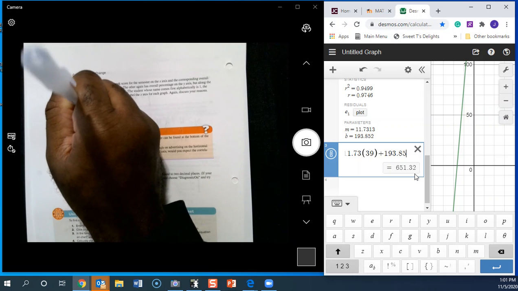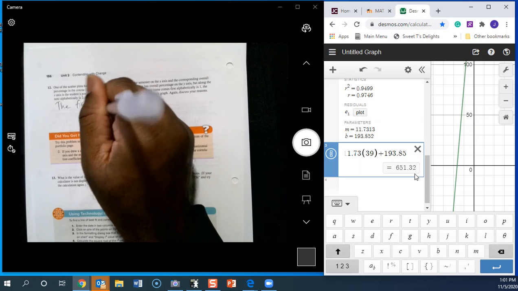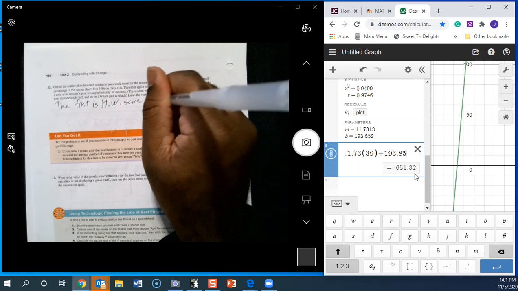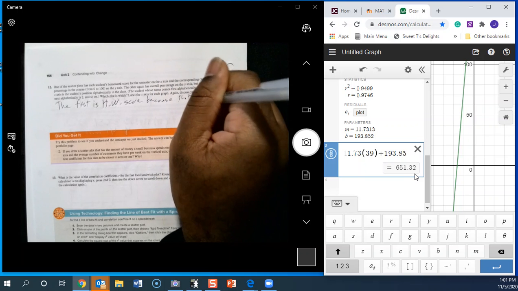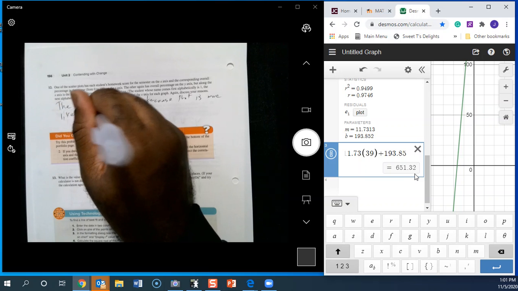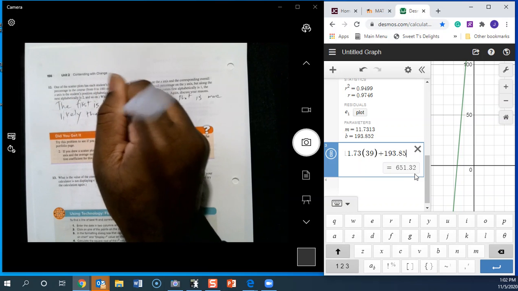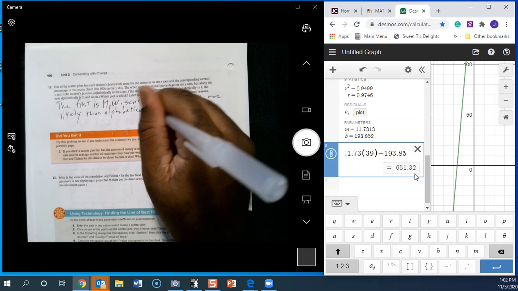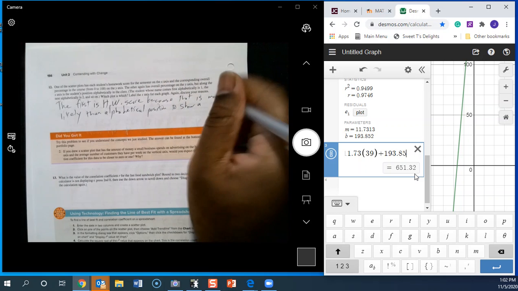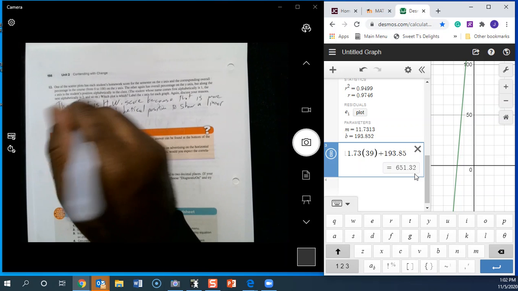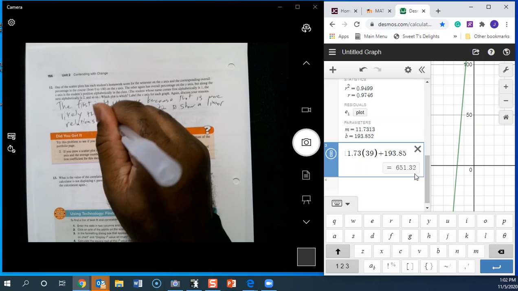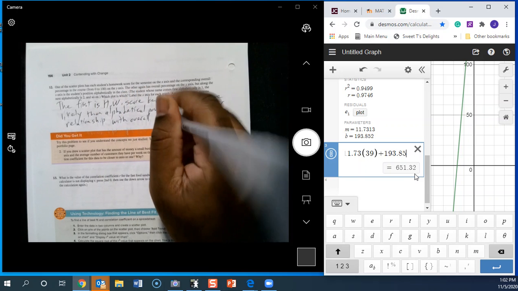We could say the first is the homework score, because that is more likely than alphabetical position to show a linear relationship with overall grade in the course.